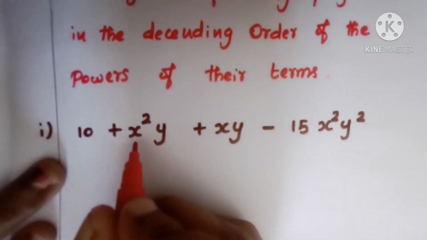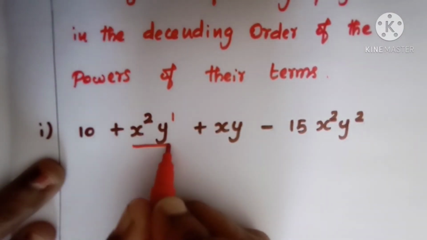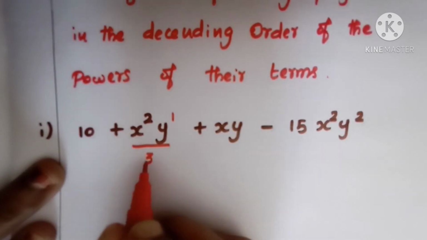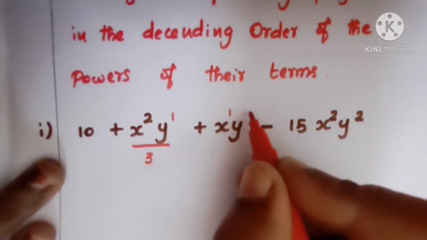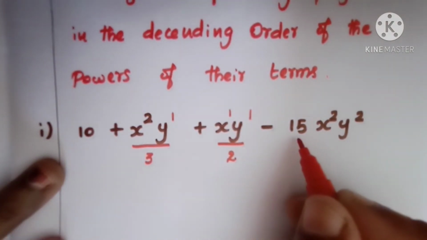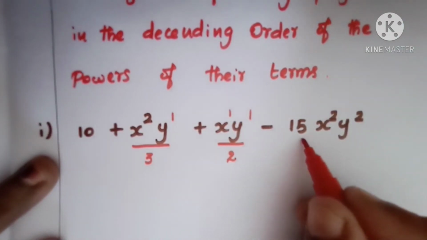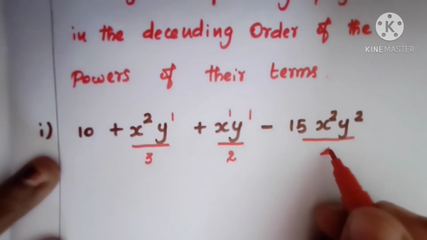X square y, x has power 2 and y has power 1, so totally it has 3. xy, x has 1 and y has 1, totally it has 2 degree. And 15x square y square, the degree of the term is 4.